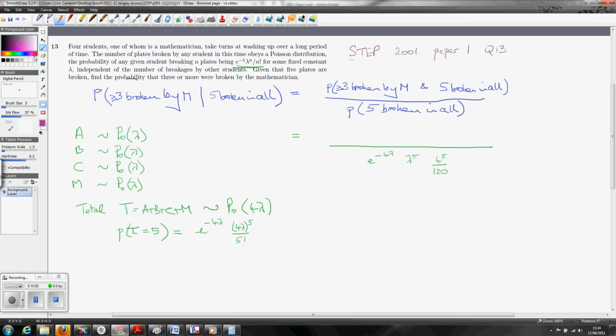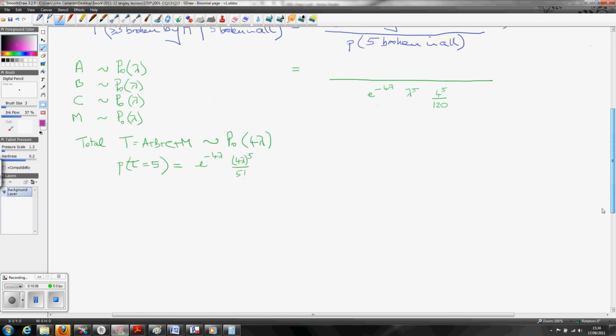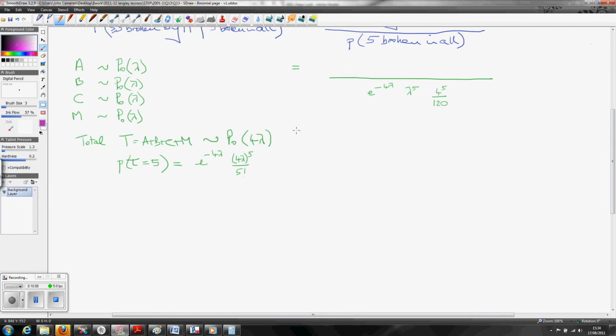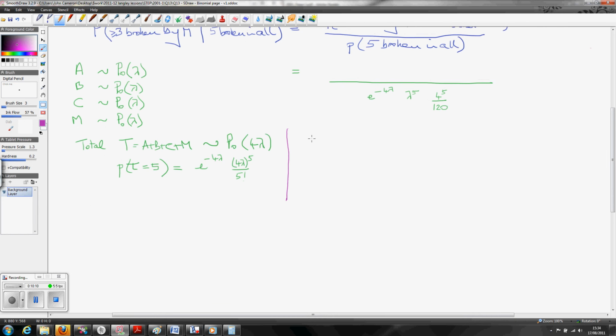So let me change color and look at it this way. And I'm giving myself a little more space here. I'm going to look here. A, B, C, and M. And I want to think of the different ways in which they can break 5 plates, where the mathematician breaks at least 3 of them.